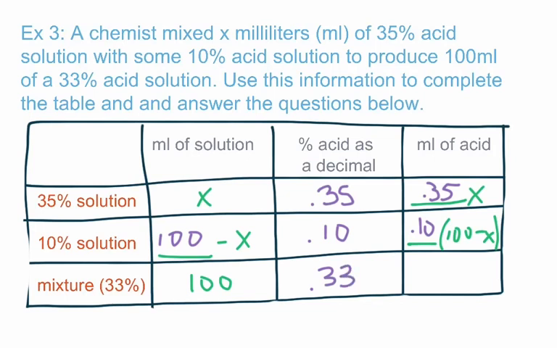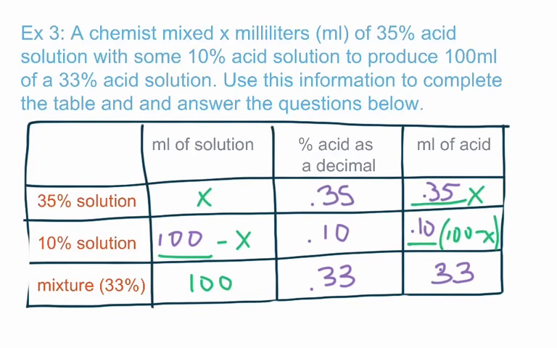To find our milliliters of acid, we know it's 100 milliliters of solution, and the percent of acid as a decimal, so we multiply these two together, just like we multiplied these two together to get this. 100 multiplied by 0.33 gives us 33. So there's our table all filled out.